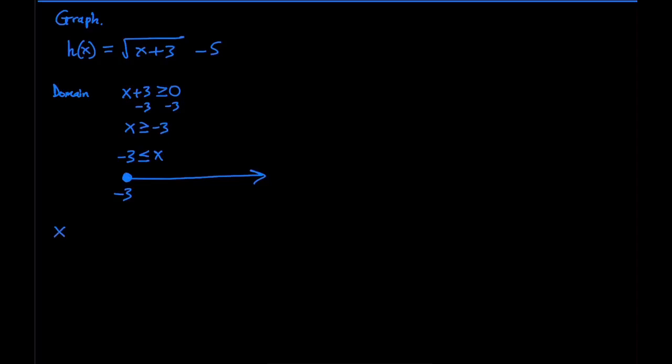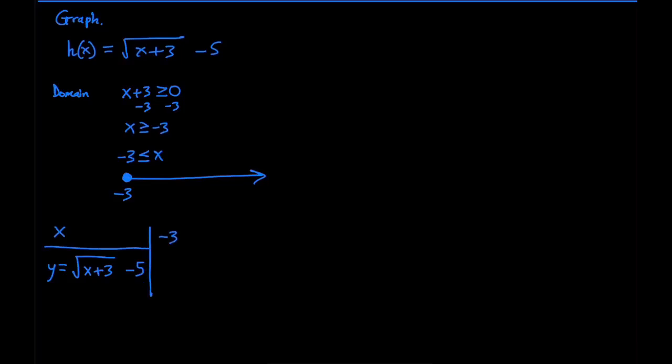We'll say that y is the same thing as h of x, and then we have the square root of x plus 3, and then a -5. Here, the farthest left number we can pick is -3.